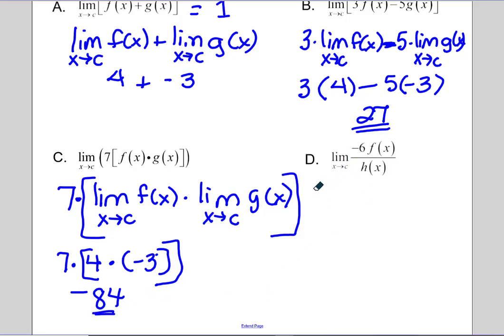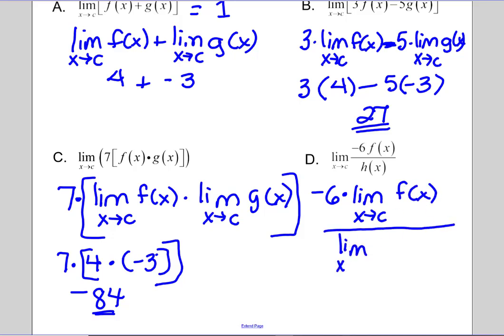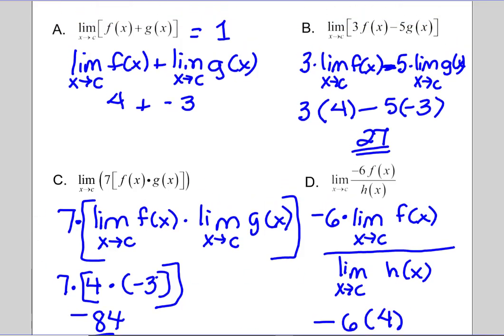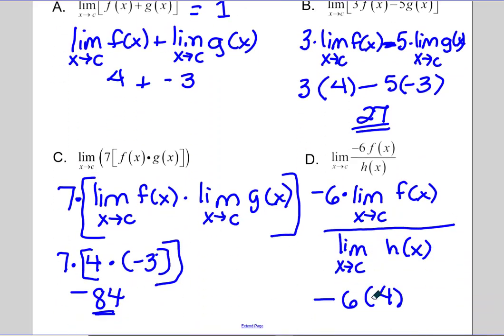And then our final example, we want the -6 to be brought out in front of the limit of our numerator, and then divided by our limit at c on the denominator. So that's looking like -6 times +4, and the limit of h of x was 9.